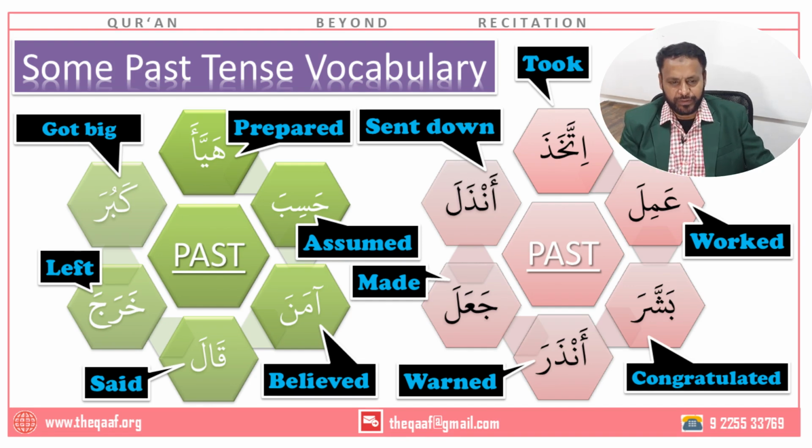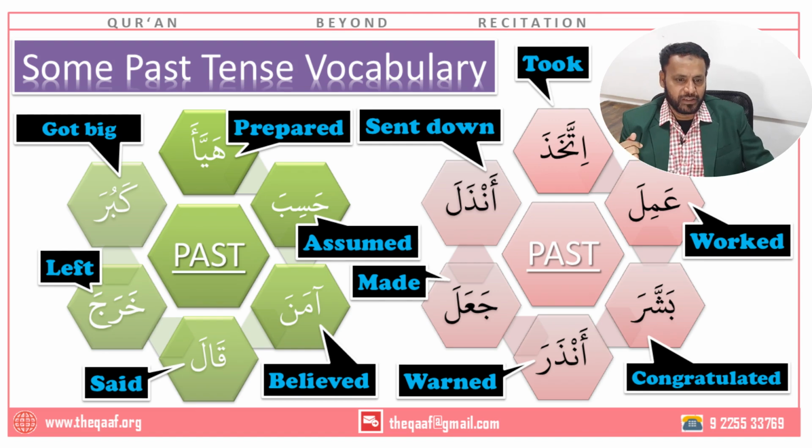Now, okay, so done. Now look at the words. They are all new words. You might not know the meaning of most of them, right? But they are all ending the same. Ittakhaza, amila, bashara, anzara, jala, anzal. They are all sounding the same. Why?